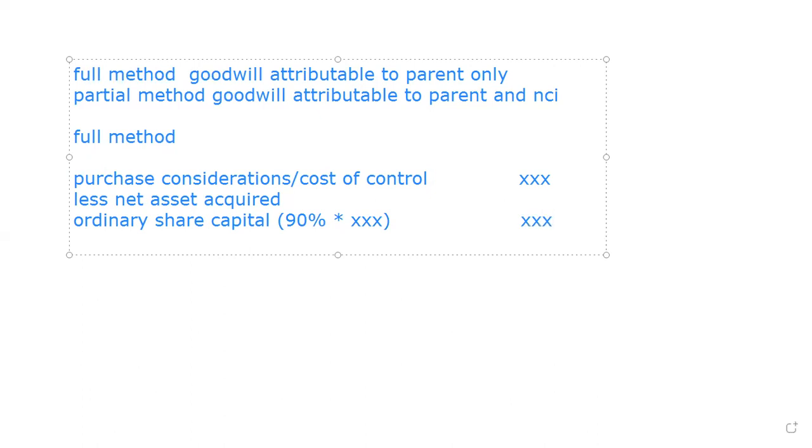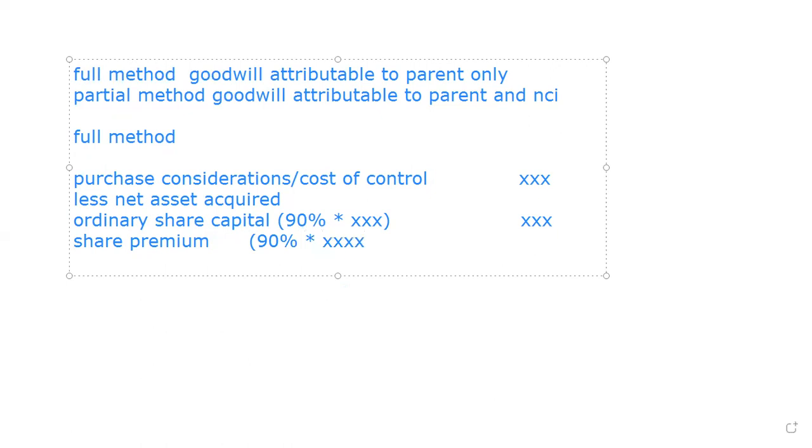Then you go for share premium. If our acquisition was 90%, you take 90% and multiply it with the amount. Then we have retained earnings.